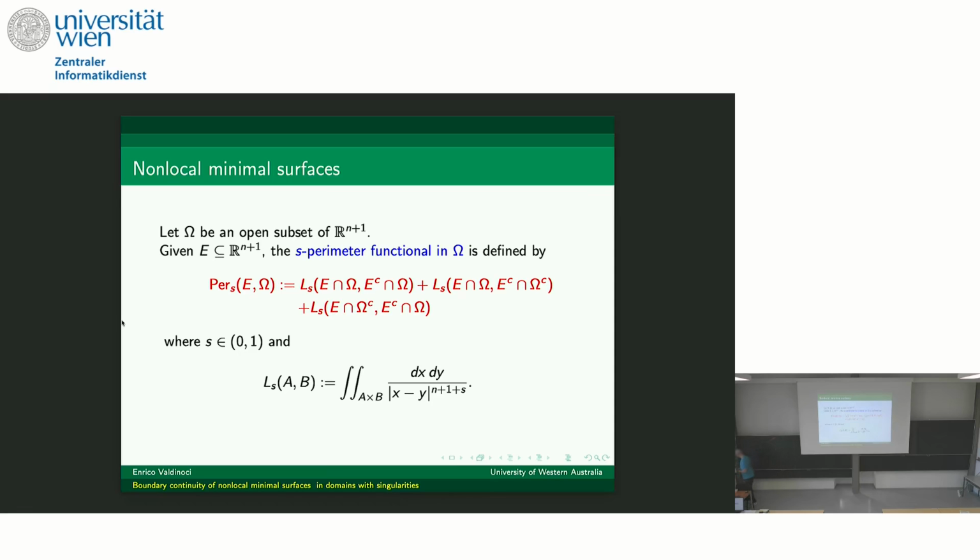Then I have some set E, and then I'm considering the interaction of points in omega, and I'm considering the interaction of points from omega to outside omega, and then I'm considering interaction points from outside omega.